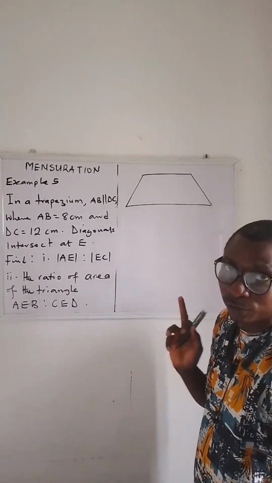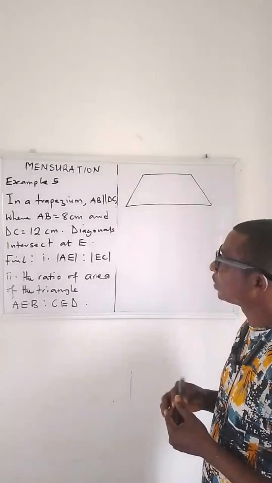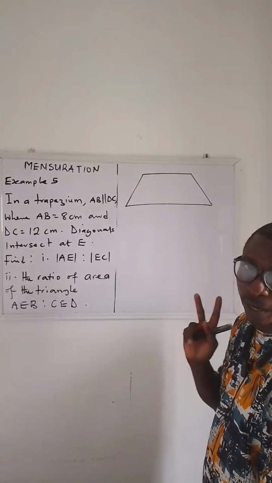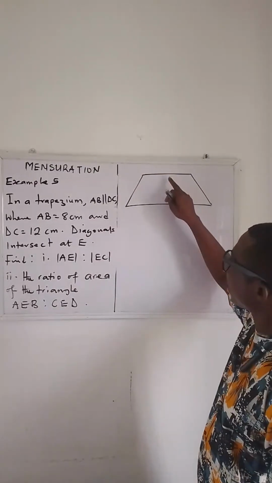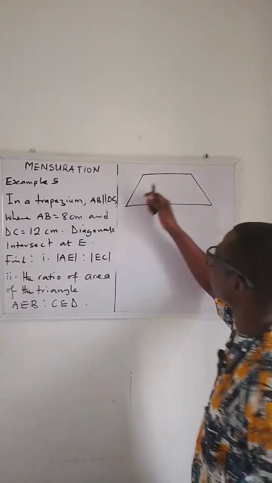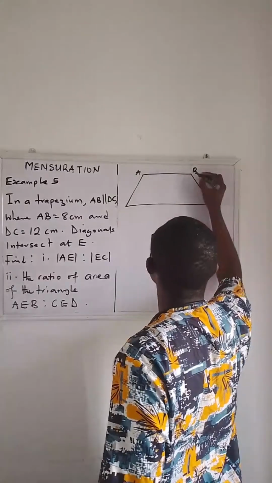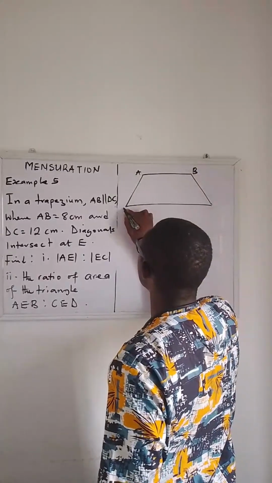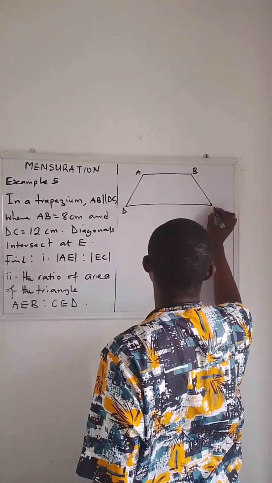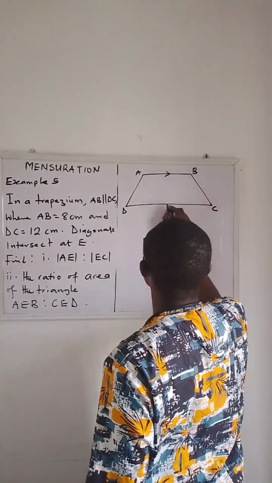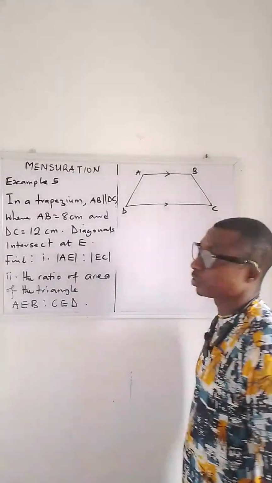And I told you earlier that for any given trapezium, there must always be two parallel lines. So these are the two parallel lines. It has been given in the question. We have line AB and line DC. Okay, they are parallel to each other according to the question.